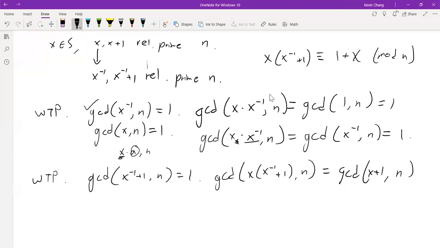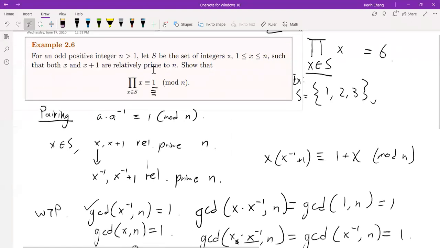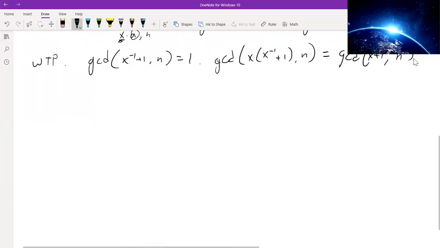And because, remember, we're assuming x is an element of S, then x plus 1, we know by the condition of the problem, that both x and x plus 1 are relatively prime to n. So the GCD of x plus 1 and n is also going to be equal to 1.